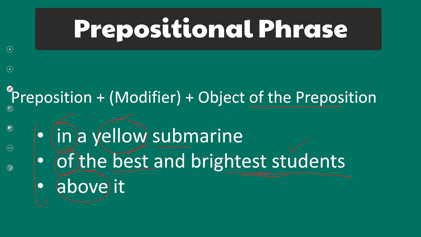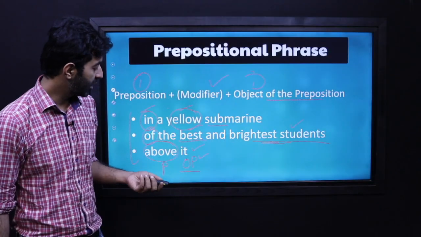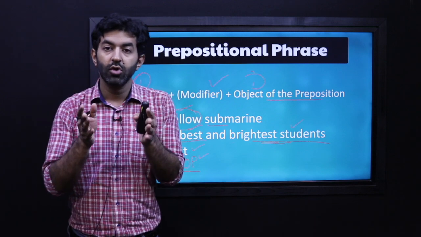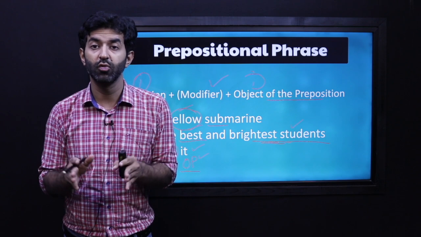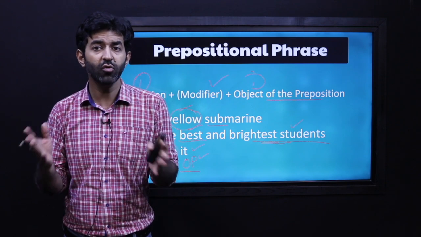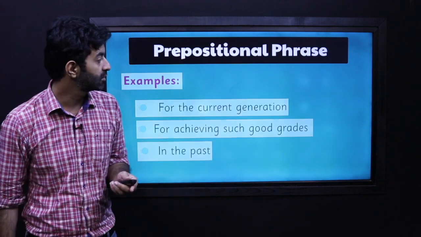So modifiers can be added, but the structure has to be the same. First preposition, then object of the preposition. In the last example above it, we have a preposition and an object of the preposition, which is a pronoun. It can also be a noun or a noun phrase. So you can have your preposition with an object, and you can have different modifiers in between them as well. And that would make up your prepositional phrases.